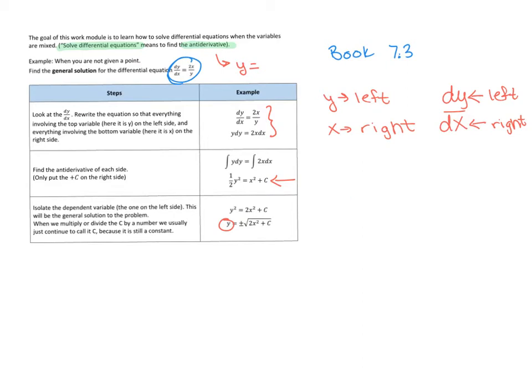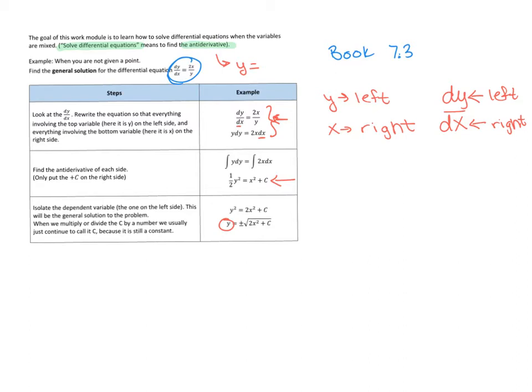On this problem here, I'm looking at this step. If we get the y's on the left side, we would just multiply both sides by y. And if we get the x's on the other side, that means we have to move this dx over to the right side of the equation, and we get something where the variables are separated.